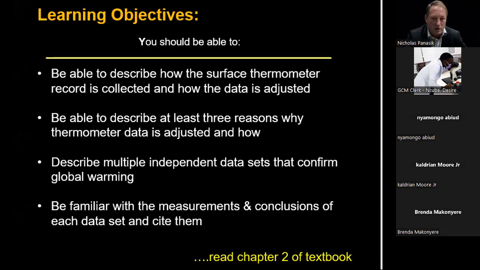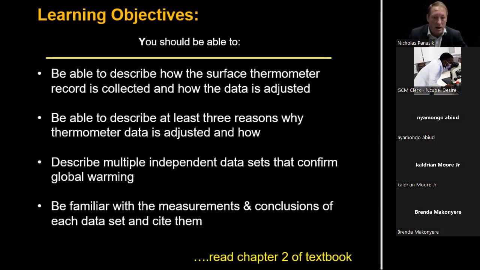From all this work, by the end of this, you should be able to describe how the surface thermometer record is collected and how it's adjusted. That's really important. You need to be able to talk about why it's adjusted and how it's adjusted.